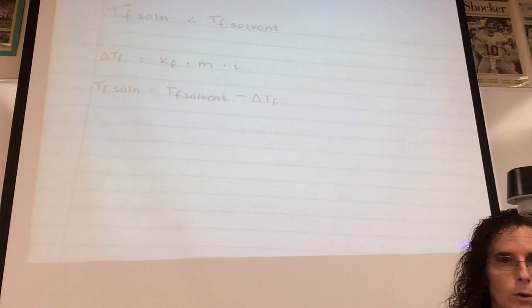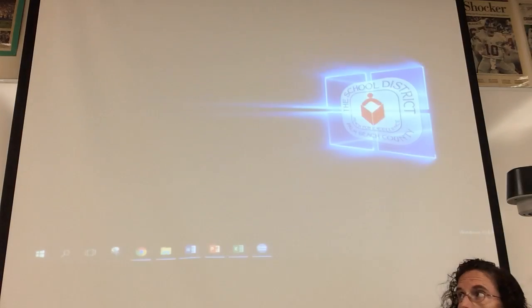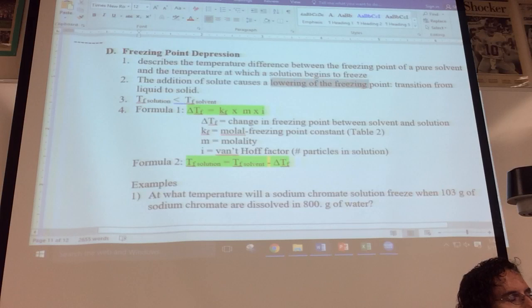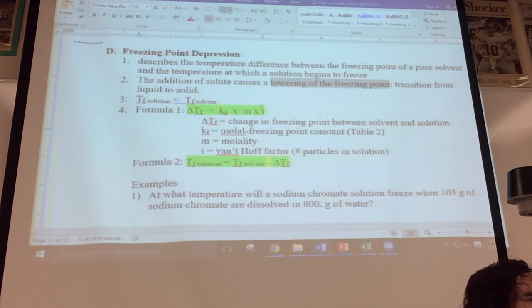So let's walk through a problem. In your notes here, freezing point depression, as I said, when you add solute to solvent, the freezing point's going to be lower. That's because it becomes more difficult for those intermolecular forces to form between solution particles, if you will.